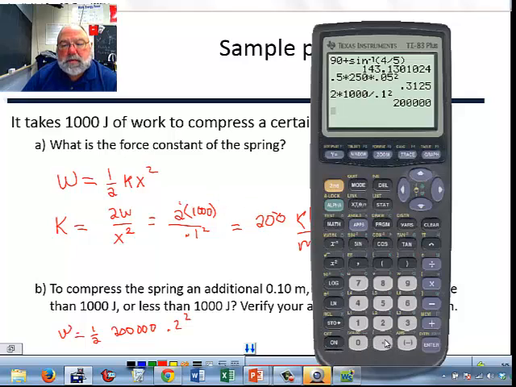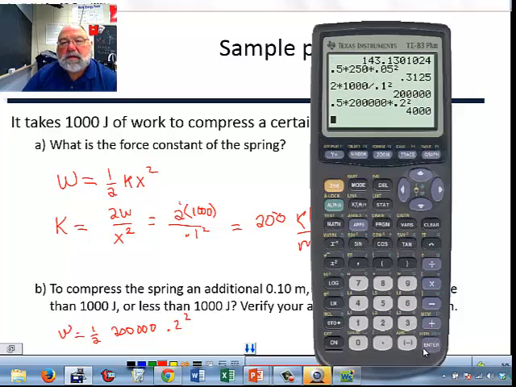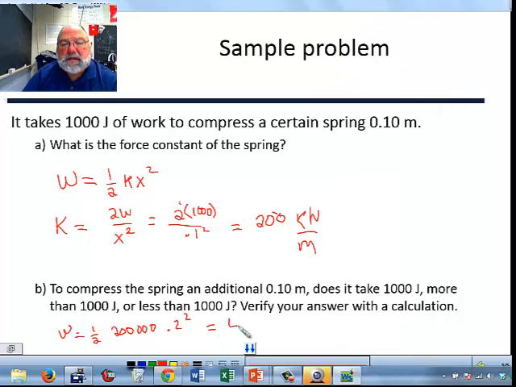So it's going to be 0.5 times 200,000 times 0.2 squared, and that's equal to 4,000 joules. Not only is it more, it's 4 times more.